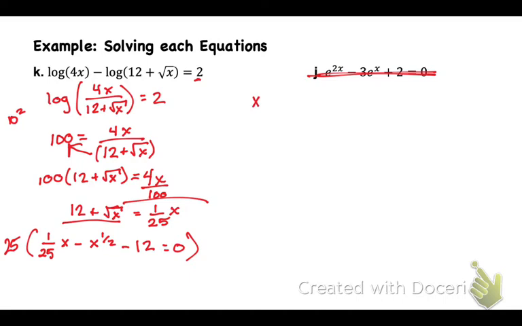So I get x minus 25x to the 1/2, so that would just be 5x, minus 300 equals 0. 25 times 12 is 300.